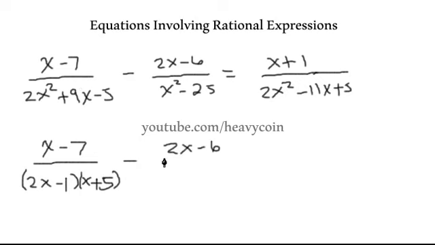2x minus 6 over, so this is the difference of two squares. That's easy. That's going to be an x minus 5 times an x plus 5. Alright, we have a common factor. We have an x plus 5 here. So that's good.